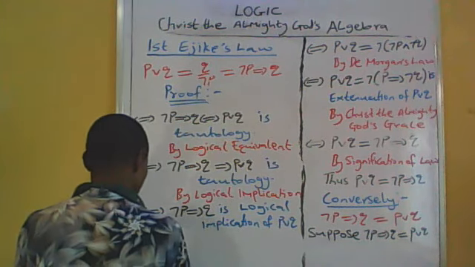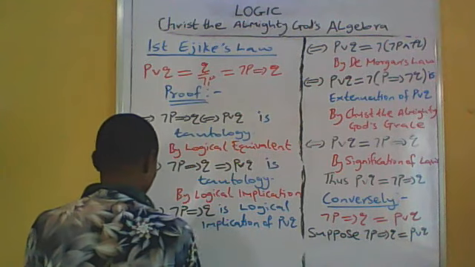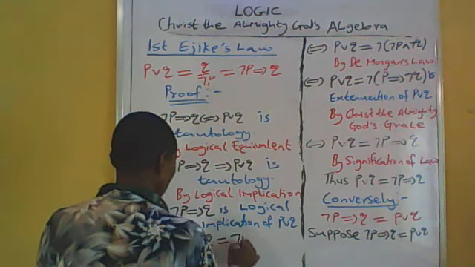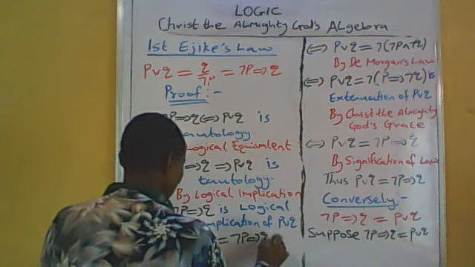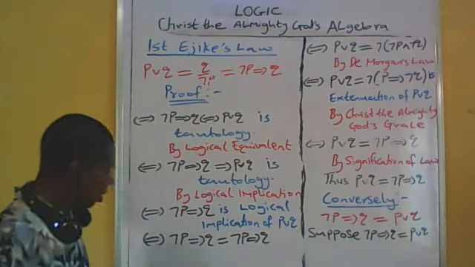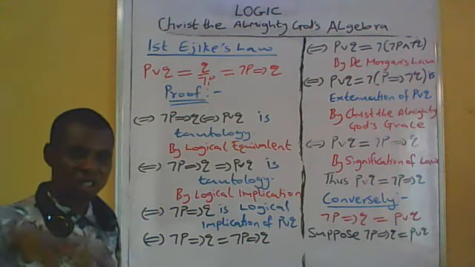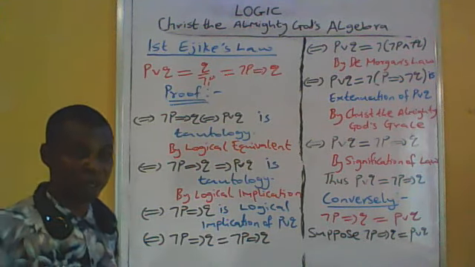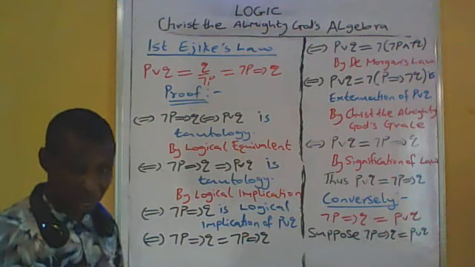If and only if not P implies Q is equal to not P implies Q. That means the logical equivalent is equal to itself, and if it is equal to itself, it means that it is logical equivalent.